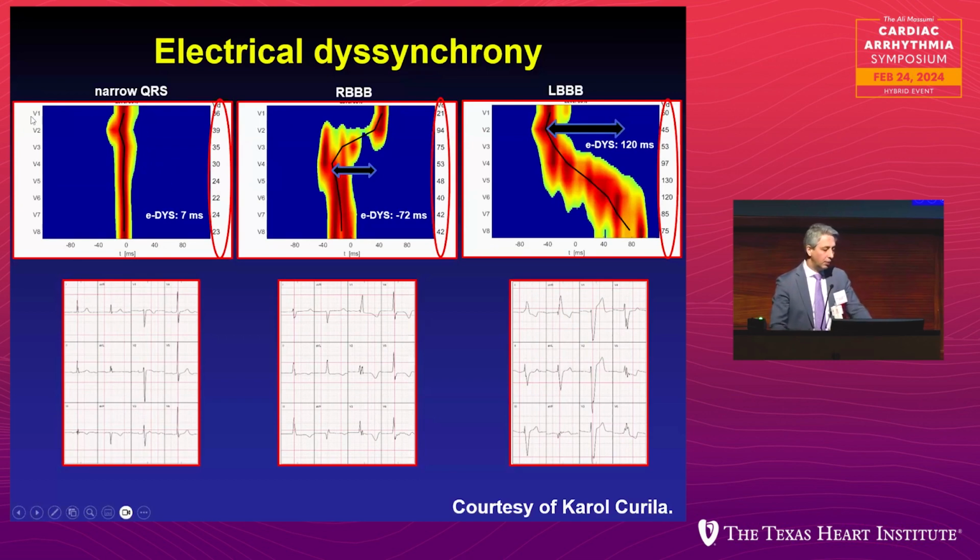It has additional precordial leads and faster sampling of the EKG. And what you can observe here, when you have a narrow QRS, is that basically the lateral wall, the interventricular septum and the RV wall are activated nearly at the same time.